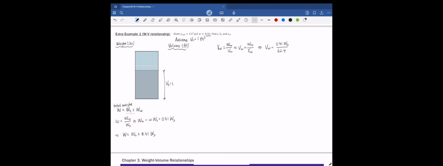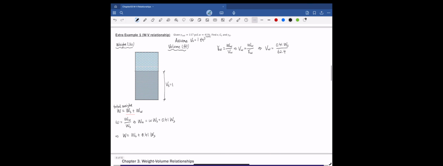And to use the final piece of information, that is the saturated unit weight, we need to know the total volume. So the total volume V is volume of the solids, Vs, plus volume of water, Vw. And you just plug in the expression for Vw, so we get this expression for total volume in terms of Ws, weight of solids.